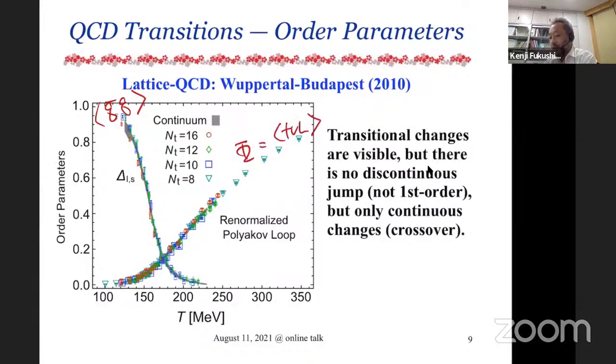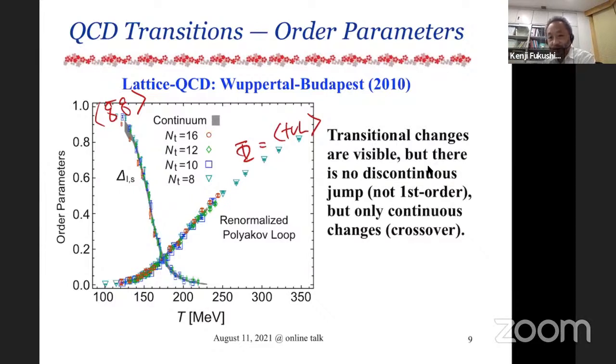As you see, the Polyakov loop is almost zero when the chiral condensate is non-zero, but the chiral condensate approaches zero when the Polyakov loop takes a finite value. In this way, the ordered phase and disordered phase switch to each other almost at the same temperature.